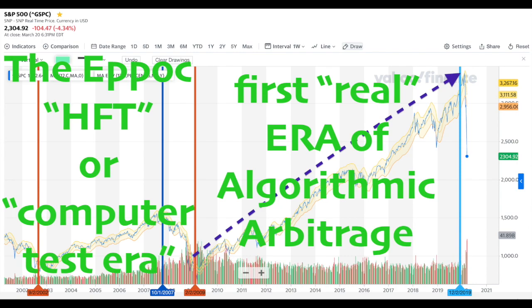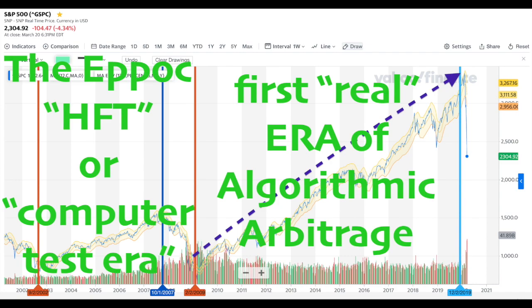But back in 1987, there was a crash because of the computer situation. It's likely that there's going to be a crash for that as well. In general, we know that something like 70, I've even heard 80 or 90% of all the trades at some points are done by algorithms now.